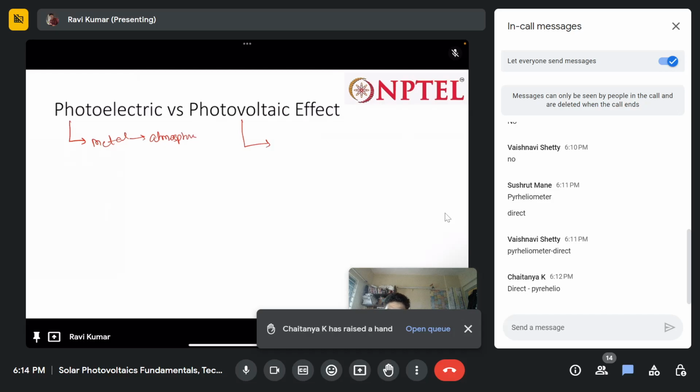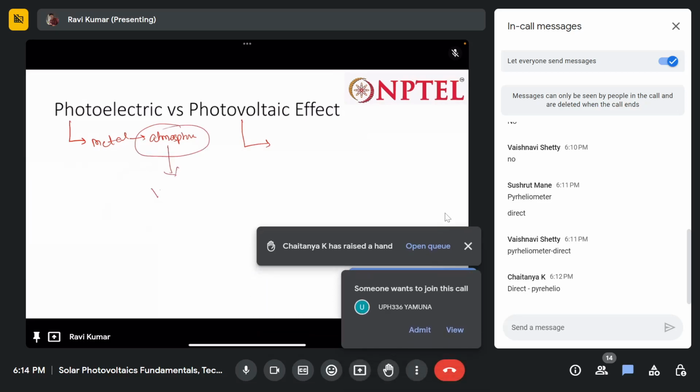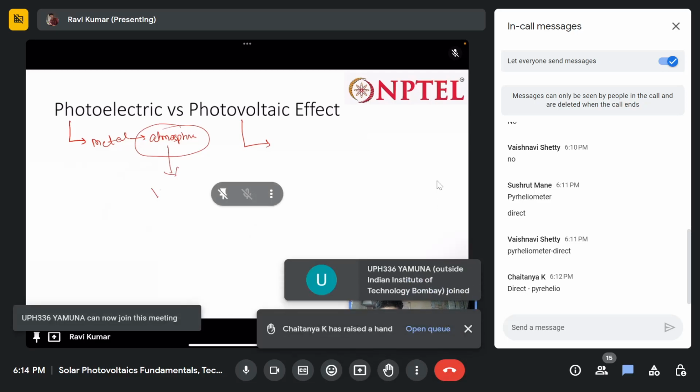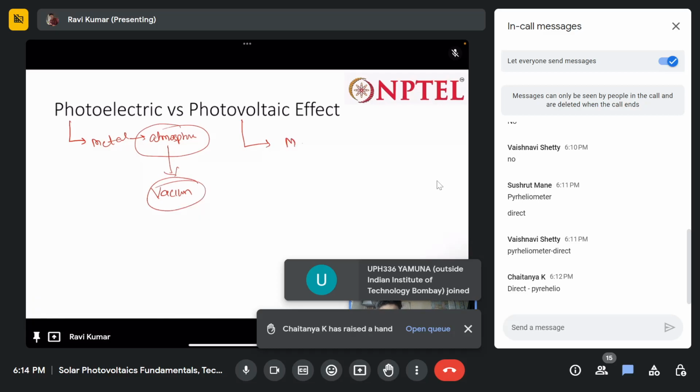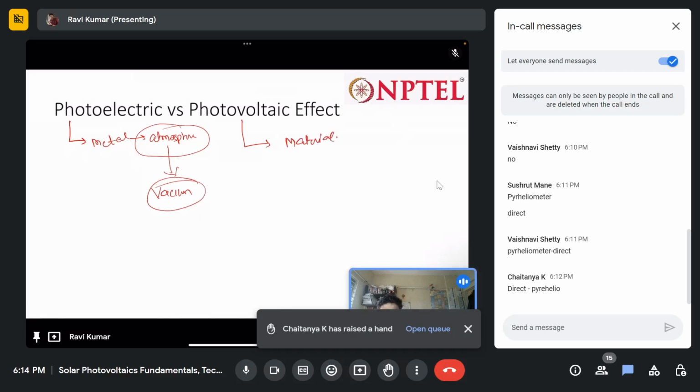Yes, absolutely right. Here the electrons come into the atmosphere, more generally we can say vacuum. In the photovoltaic effect, they remain in the material. This is the basic difference between photoelectric and photovoltaic.